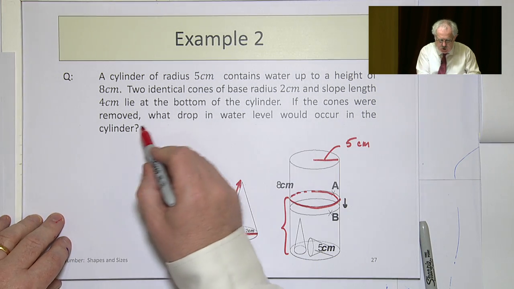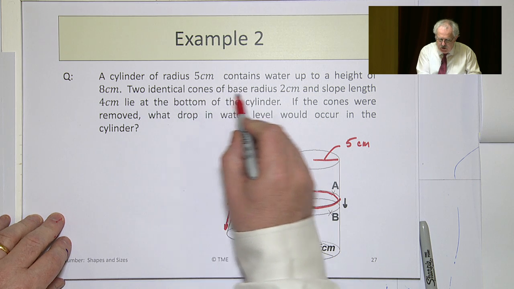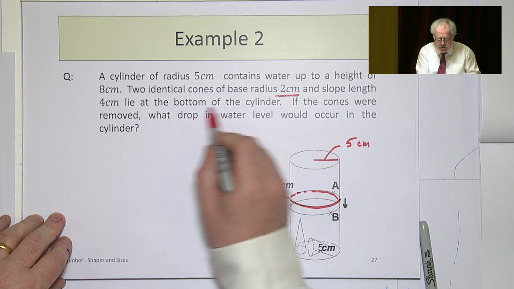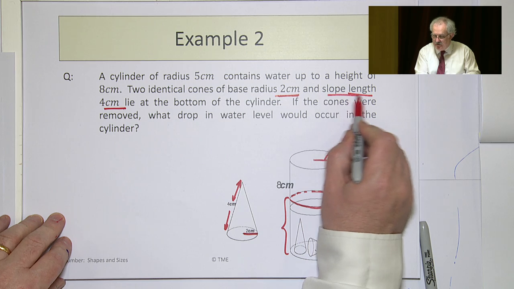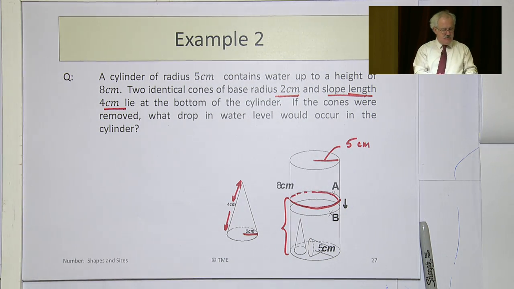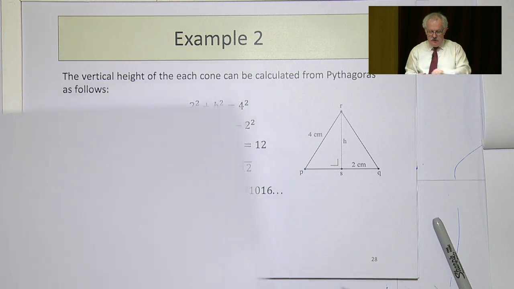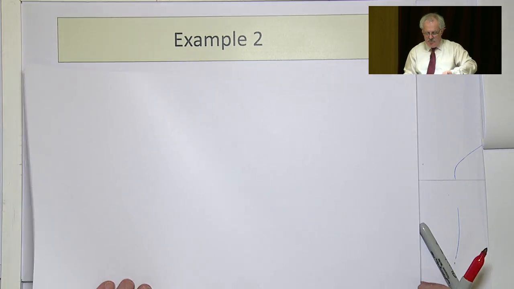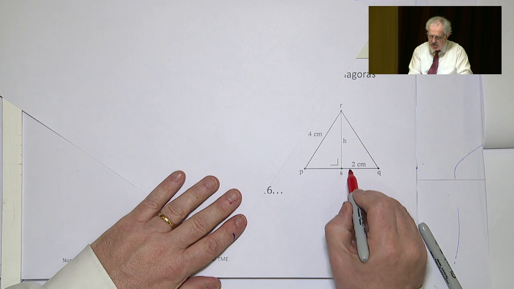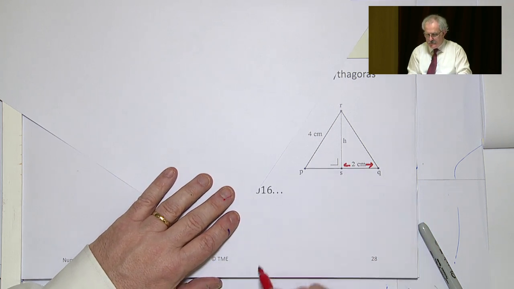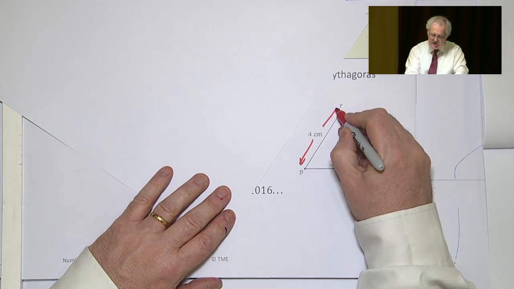It says that if the cones were, 2 identical cones of radius 2 and slope length, that's important, 4 centimeters. Now, what happens here is that if we look at an enlargement of the cone for the moment, it says that the radius is 2, but the slope length is 4.